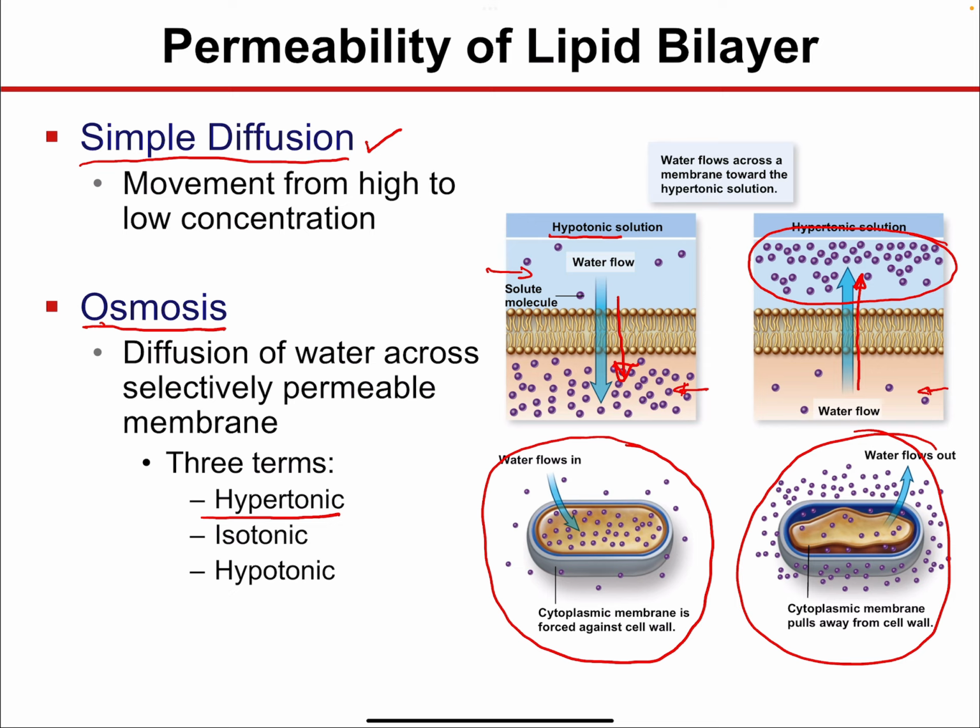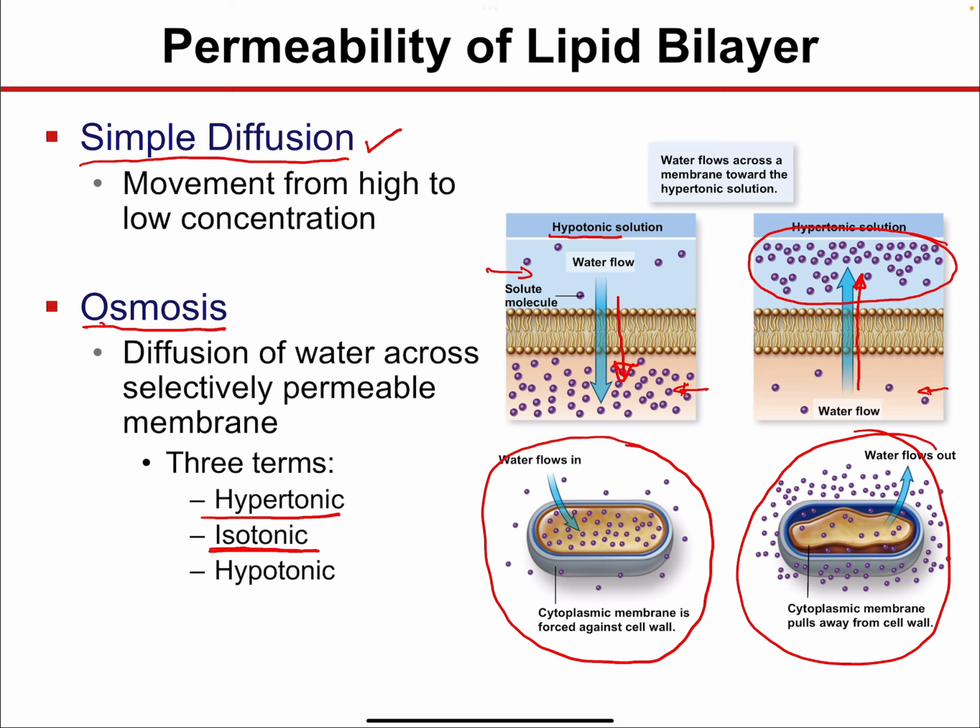Now, the last condition we are going to talk about is when the solute is as much concentrated inside of the cell as it is outside of the cell. We say that we are in a condition of isotonic environment. In an isotonic environment, the cell is going to be happy because the physiological conditions are going to be ideal, right?